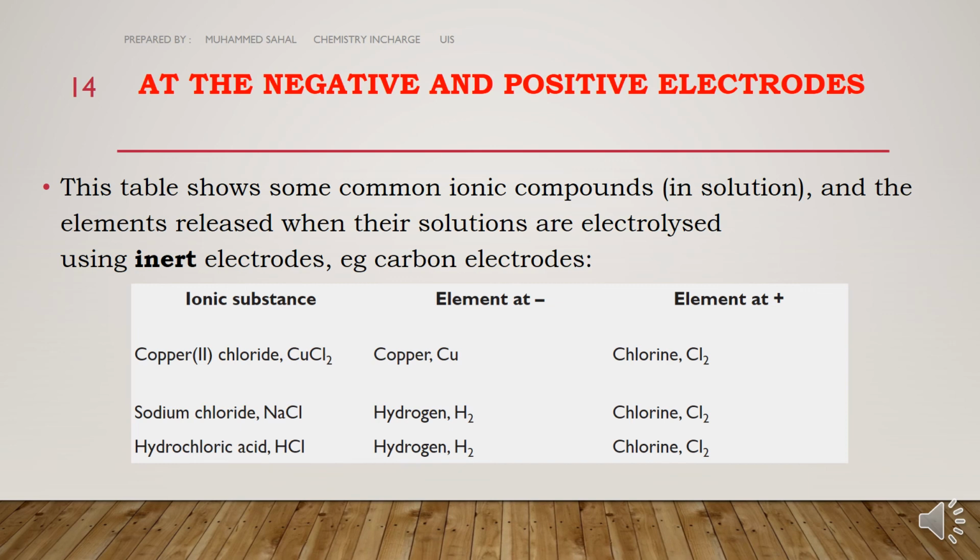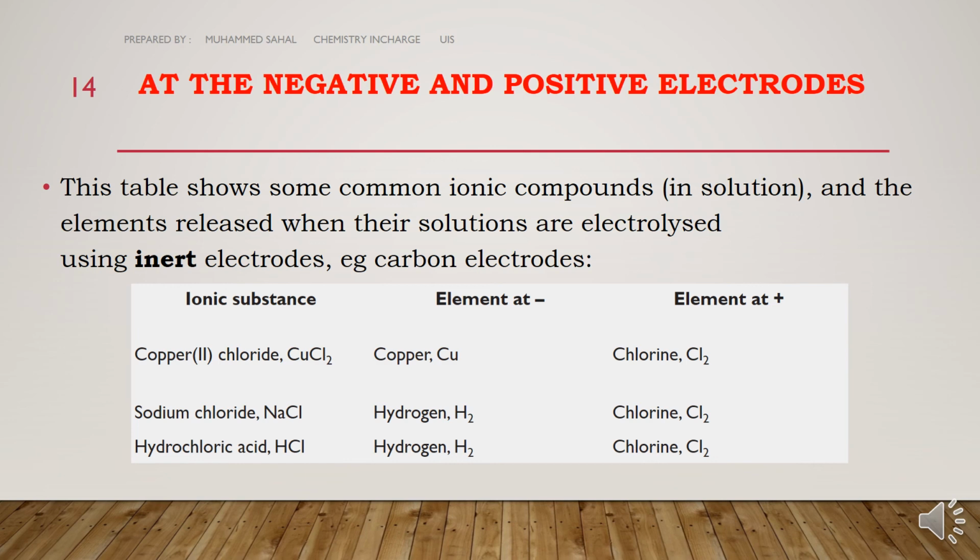That's all about electrolysis of aqueous solutions. There are some guidelines related to the electrolysis. First one, non-metals are produced at the anode, whereas metals and hydrogen gas are produced at the cathode.